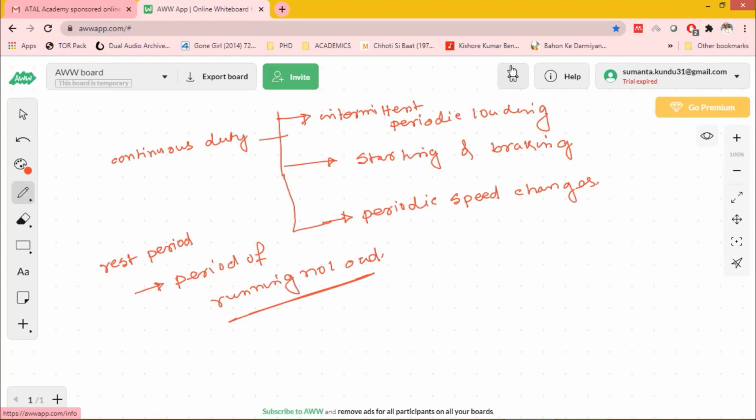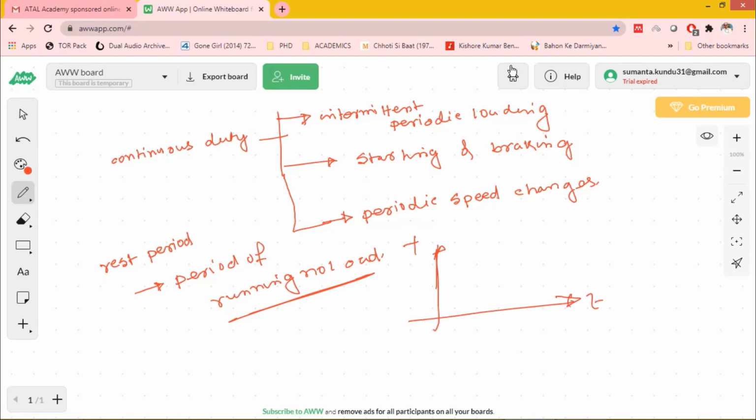Both periods are too short for the respective steady state temperature to be attained. The distinguishing feature of intermittent periodic loading is that the period of running at a constant load is followed by a period of running at no load instead of rest.